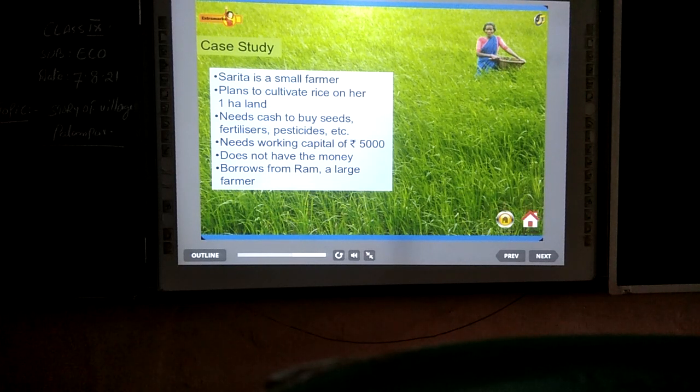There is another example here. Sarita is a small farmer who plans to cultivate rice on her 1 hectare of land.